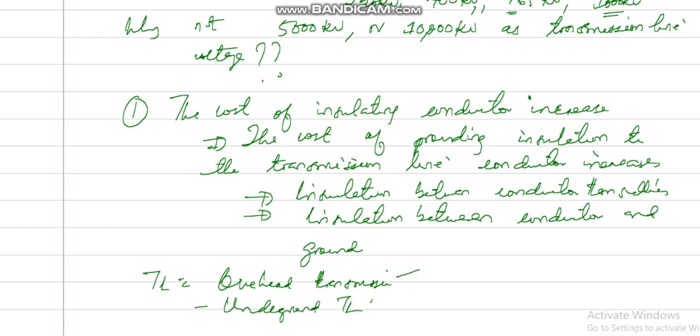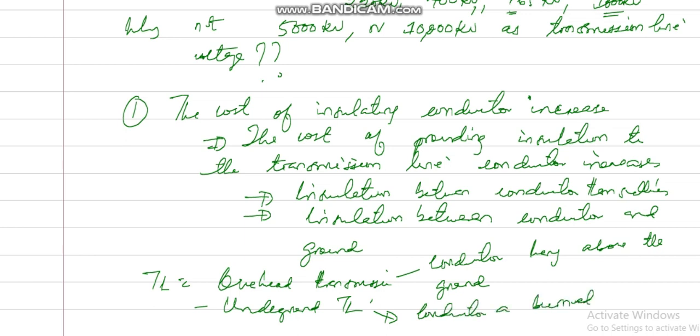Sasa hii overhead ni conductors zinakuwa zina hang above the ground. Okay? Na underground transmission line nasema conductors are buried into the ground. Conductors zinachimbiwa chini by means of underground cable.